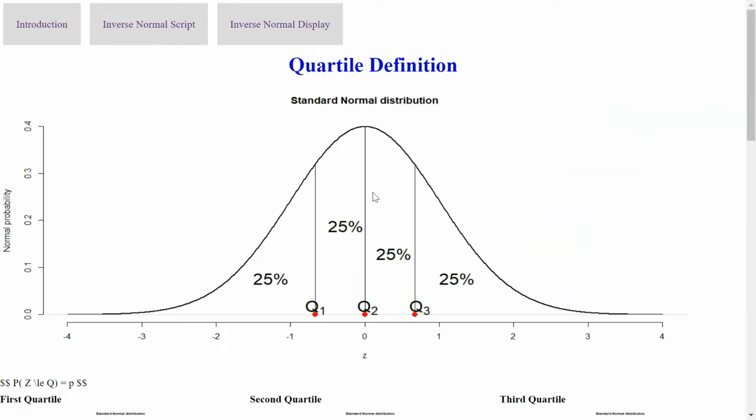First, as an example, we shall consider quartiles of standard normal distribution to start our discussion. Quartiles, as we know already, are the 3 points on the horizontal axis of a normal distribution that divide the whole distribution into 4 equal parts as shown in this figure. These quartiles, denoted by Q1, Q2, and Q3, are first, second, and third quartiles respectively.